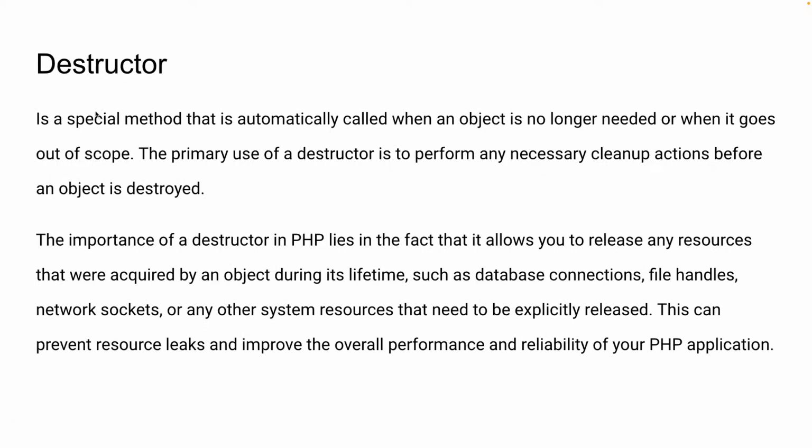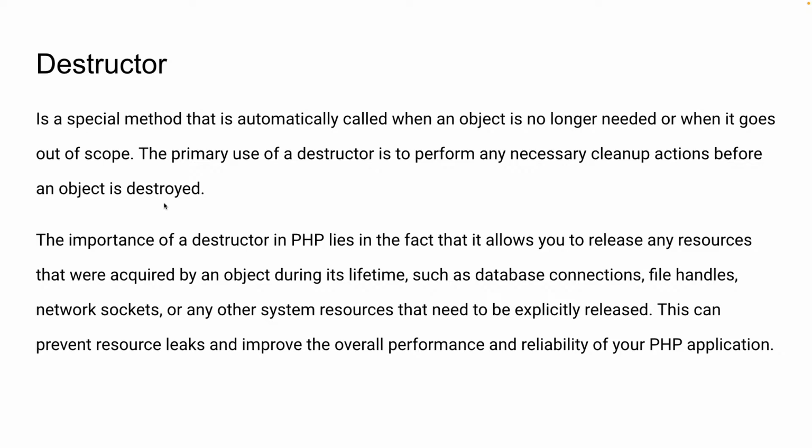So there's something known as a destructor, and this is a special method that is automatically called when an object is no longer needed or when it goes out of scope. So the destructor also has uses or importances. For example, it can help you to clean up any unnecessary actions before an object is destroyed.